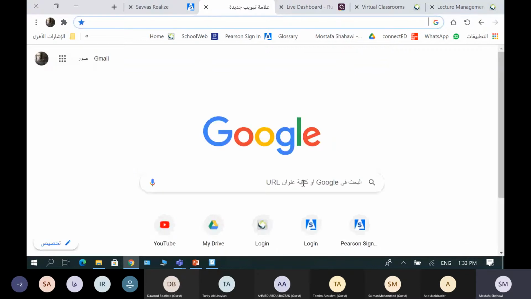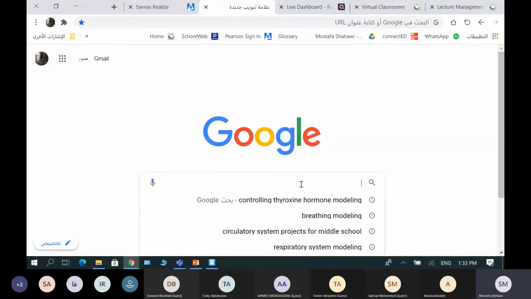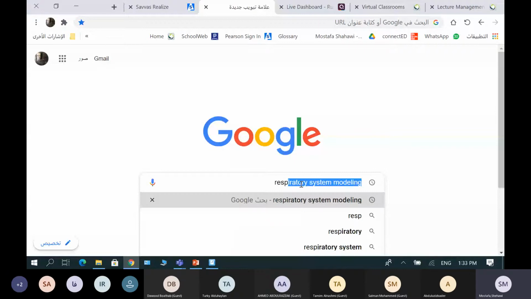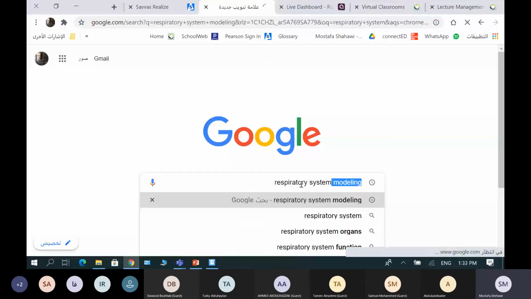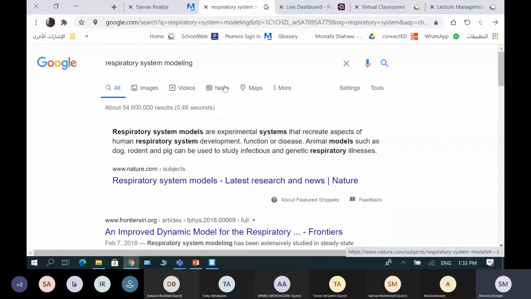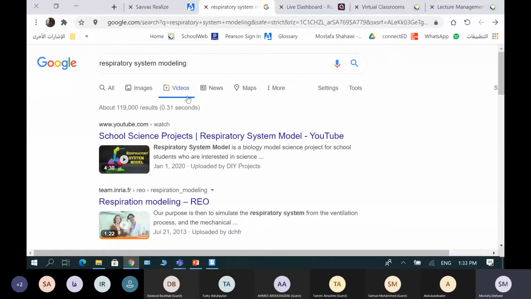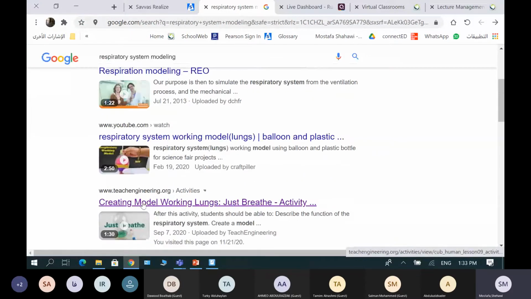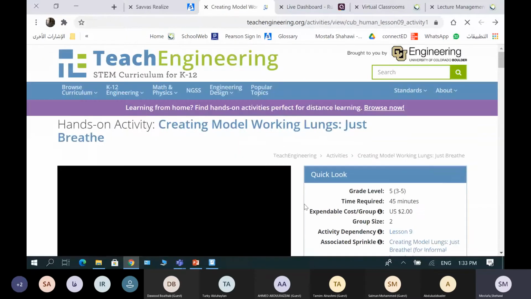You'll come here to Google and type, for example, I will choose respiratory system, and you will type respiratory system modeling or projects, and select about it. You will find, for example, this video here that shows you how to make a model for the respiratory system.